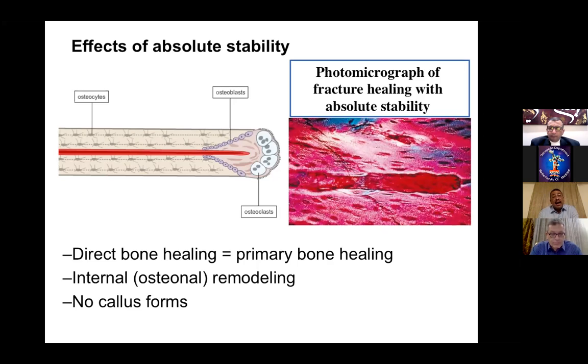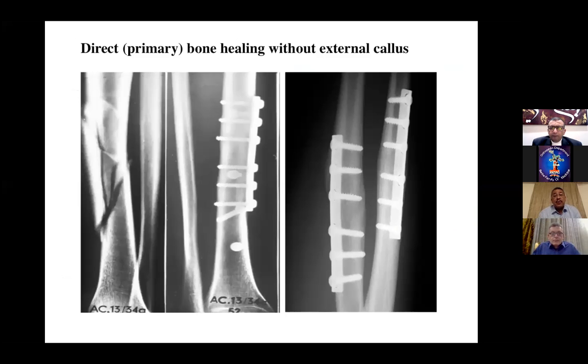The osteoclast will open the way, the osteoblast will lay down the new bone in the form of lamellar bone. So these cutter cones will do the job, the internal remodeling to heal the fracture under absolute stability.